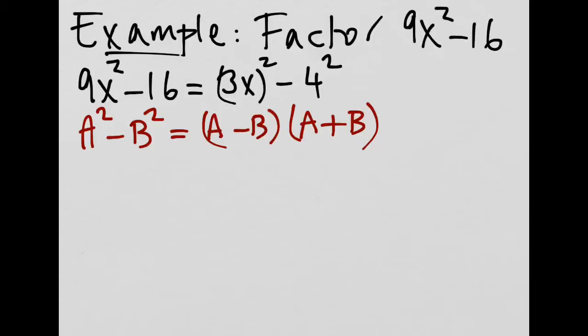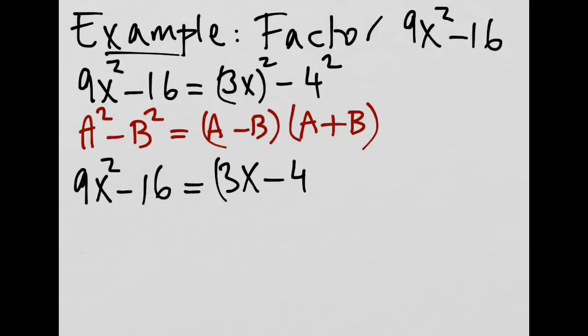In this example, notice that 3x is playing the role of a and 4 is playing the role of b. So with that said, 9x squared minus 16 can be broken down as 3x minus 4 times 3x plus 4.